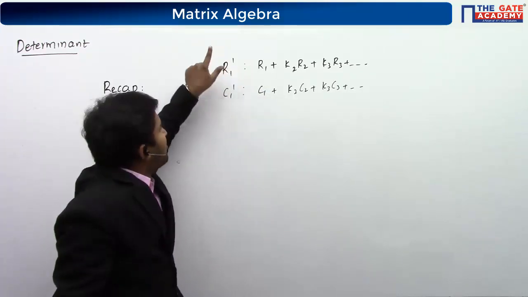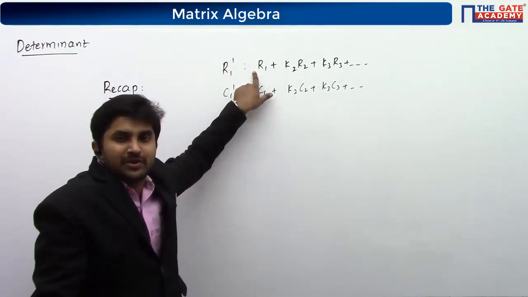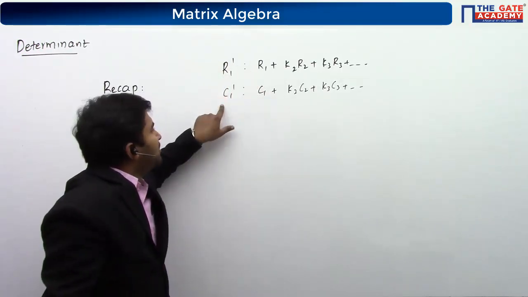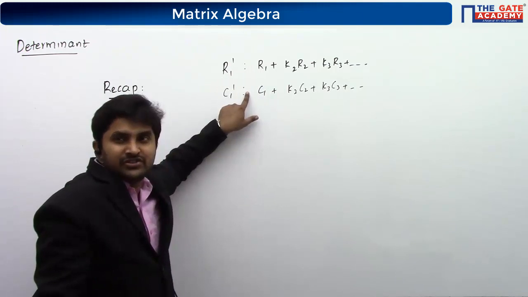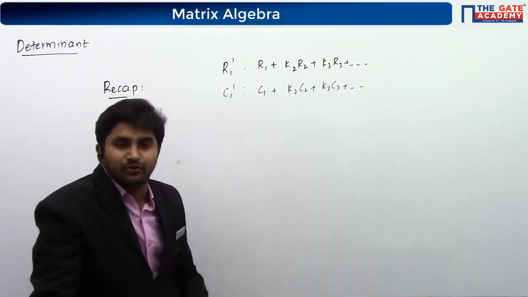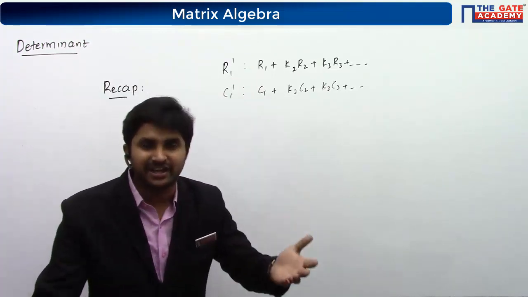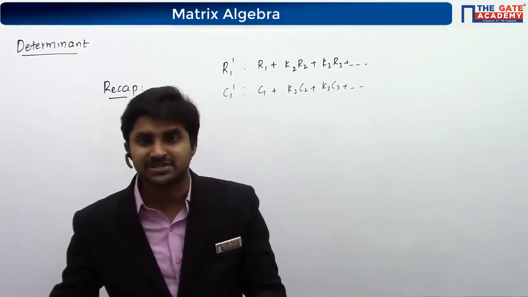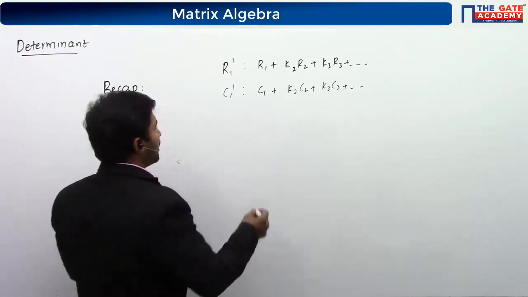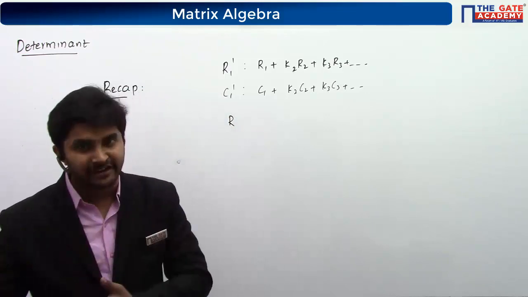For example, if I am operating on row 1, I have to ensure that its coefficient remains 1. If I am operating on column 1, I have to ensure that its coefficient remains 1 only. This is the care we have to take when applying row and column operations. When we calculate the inverse using elementary operations, we also do a particular operation in order to ensure that the matrix A becomes an identity matrix.